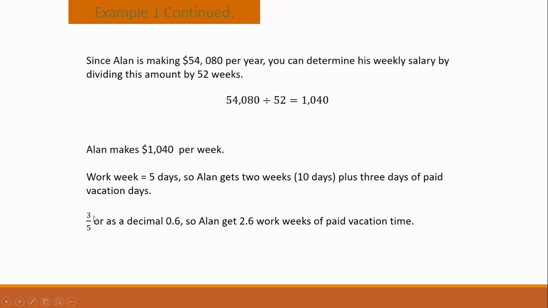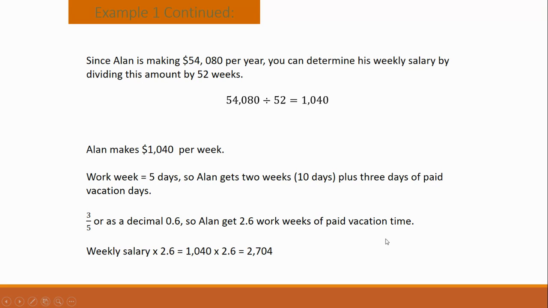Okay, so we're just taking the plus 3 days. He gets 3 days out of the 5-day work week, and we're making that into a decimal. So we're adding on his 2 weeks, because remember the 10 days is 2 weeks, and that's where we get the 2 from. And then the 0.6 is the portion of a week of paid vacation.